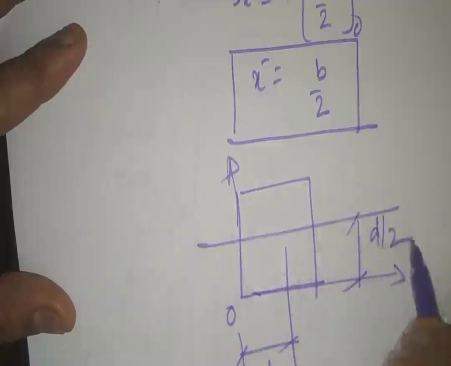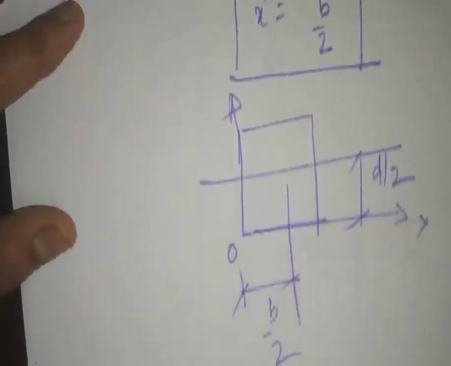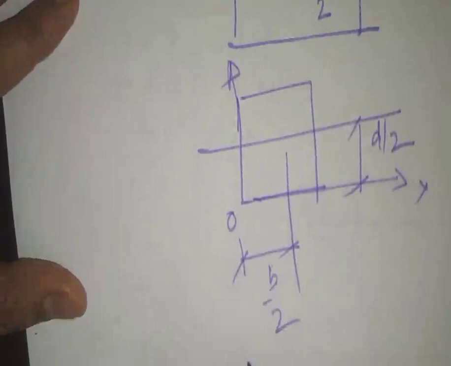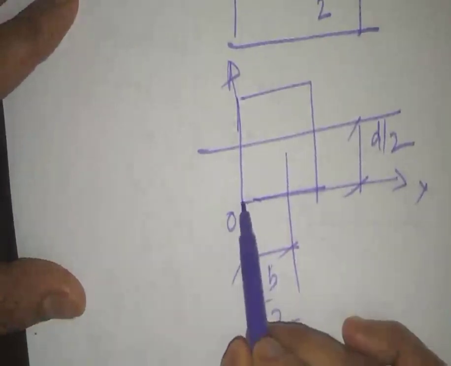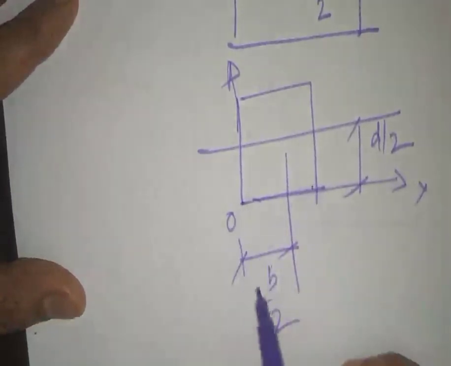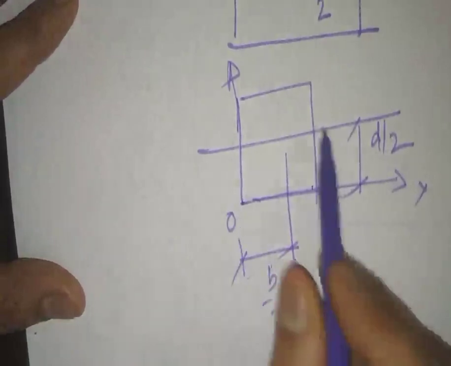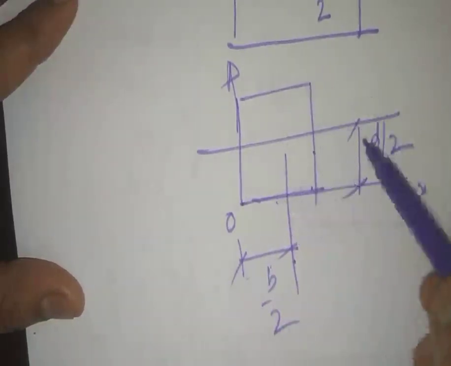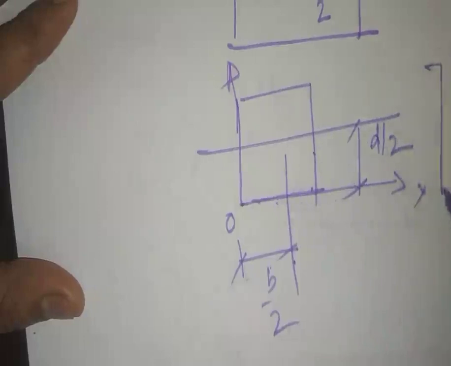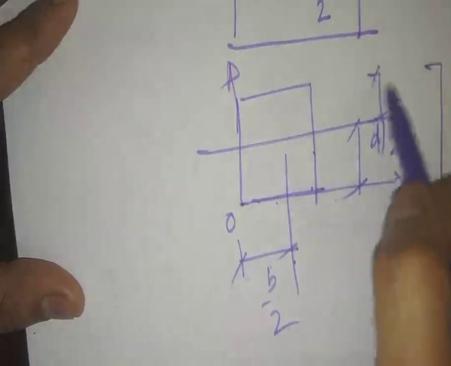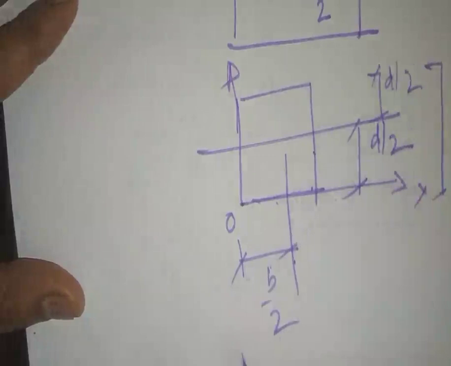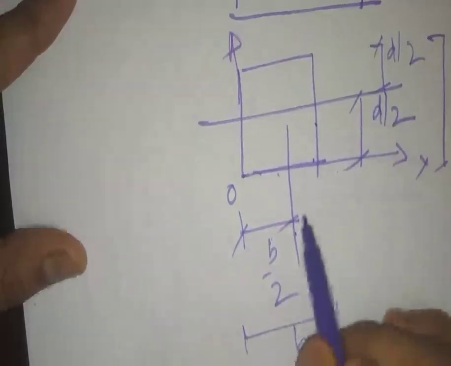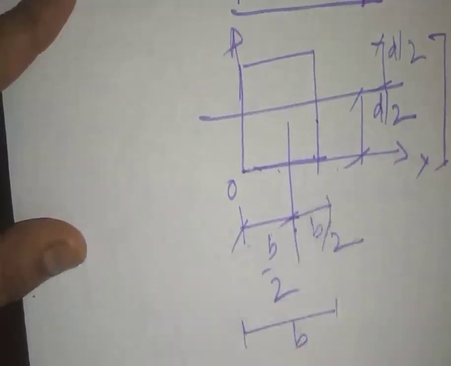Whether you proceed from the left hand side fiber or the right hand side fiber, the centroid will be b by 2, and whether you proceed from the bottom fiber or the top fiber, the centroid will be d by 2, because the total depth is d and the remaining distance will be d by 2. Total width is b and the remaining distance shall be b by 2.